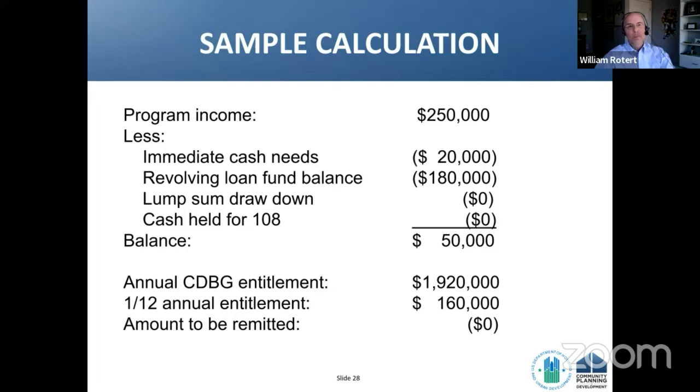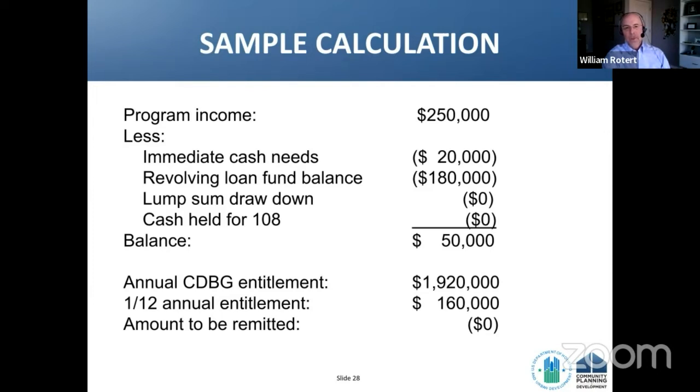So here's an example. Let's say you're at the end of the year, or as Dion suggested, you're not there yet, but you're keeping an eye on it to see where you are. And you've got a total of $250,000 in program income. Well, as we mentioned, you get to deduct from that figure your immediate cash needs of $20,000 and a revolving loan fund balance of $180,000.